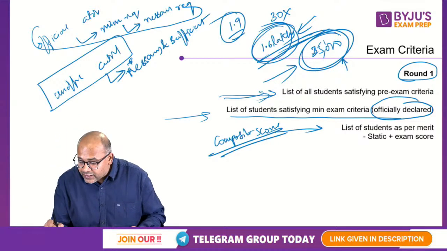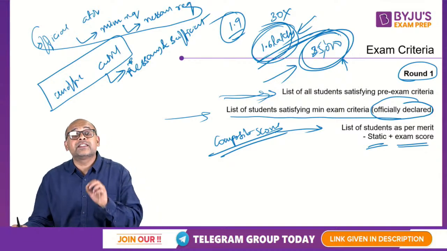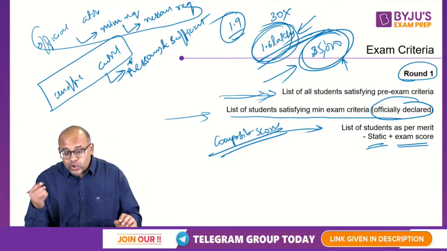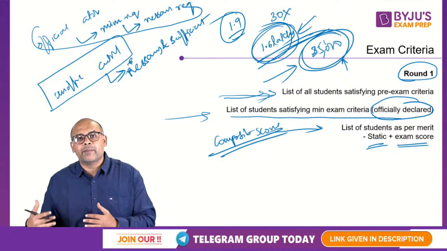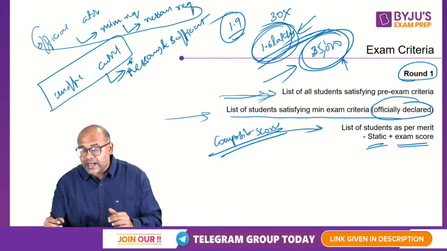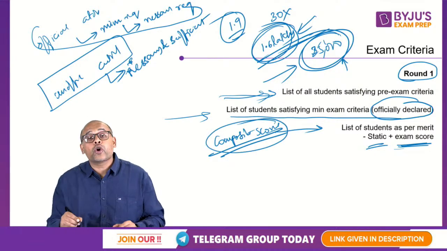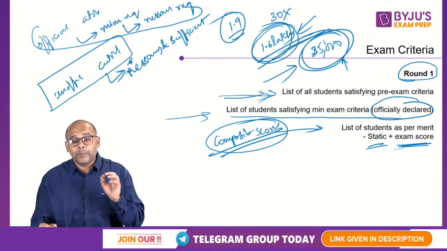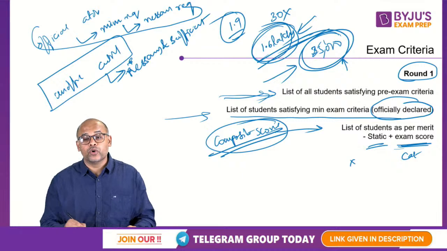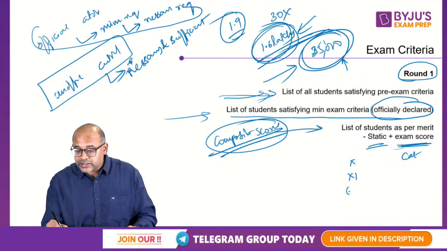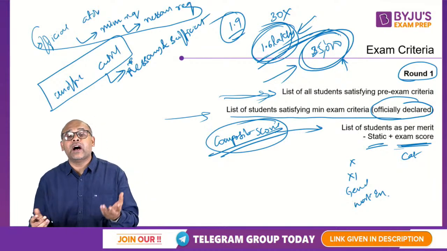The first factor is the exam score. The second factor is the static factor. In fact, I have IIM Calcutta's exact example, which I will show later, but the basic idea for you to understand is that you will get a composite score on the basis of the CAT score you got, your 10th class score, your 12th class score, your gender, your work experience, and if you have a graduation.